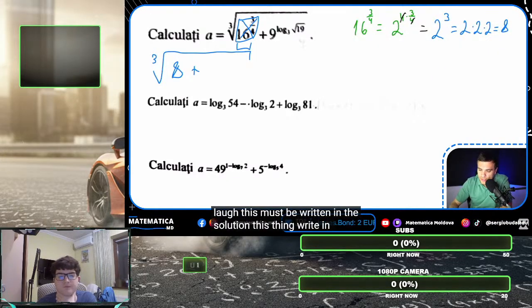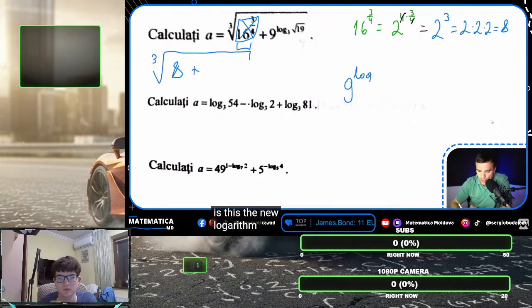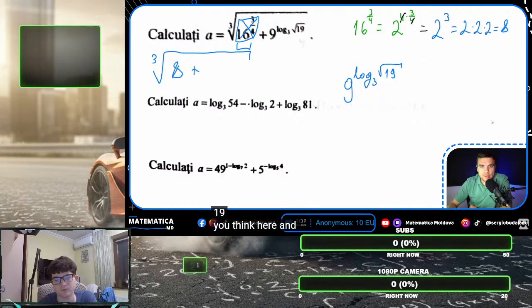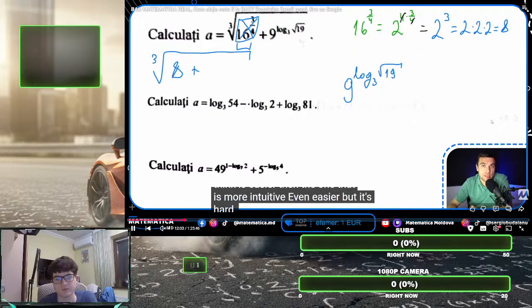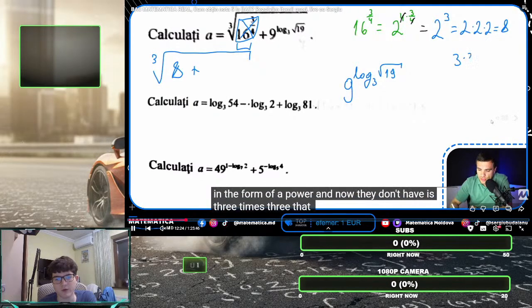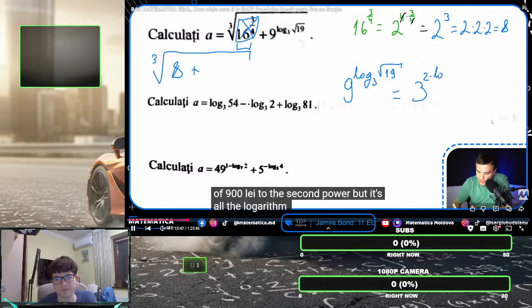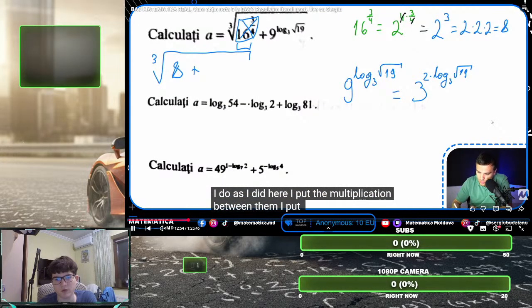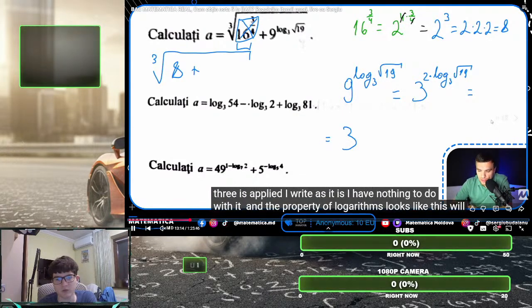Now what? We work it out. 9, I said it's 3 to the power of 2. And so we put a 2 up front of the log.